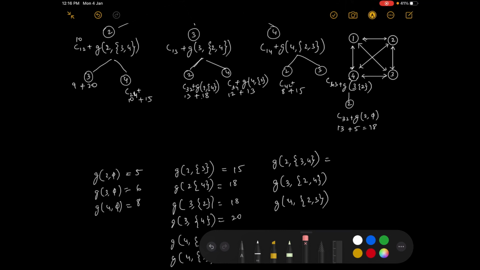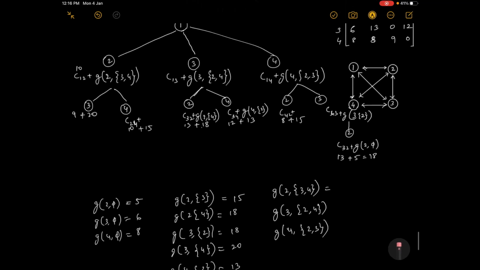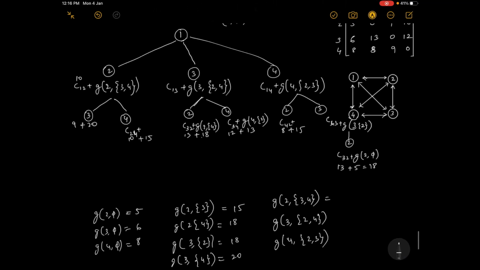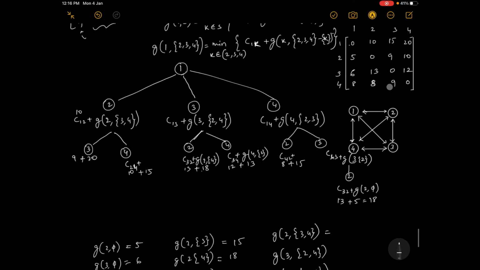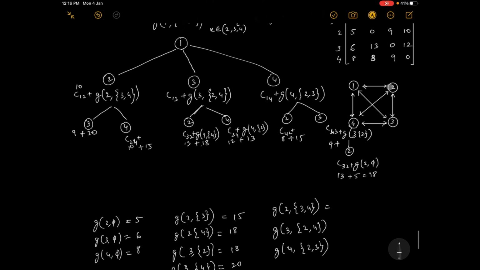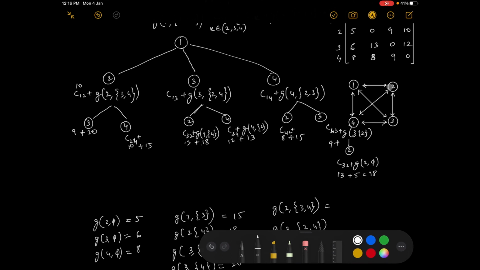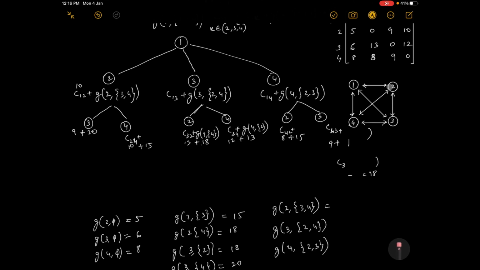And here how much is this? 4 comma 3 is 9, so it is 9 plus 18. So 9 plus 18 I should write. I'll remove this, and it is 9 plus 18.